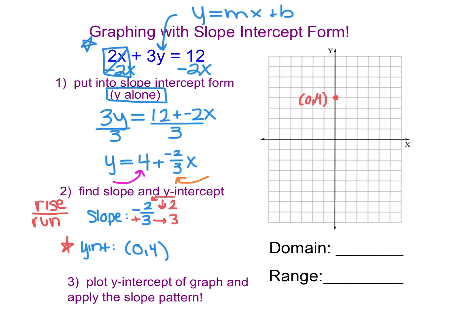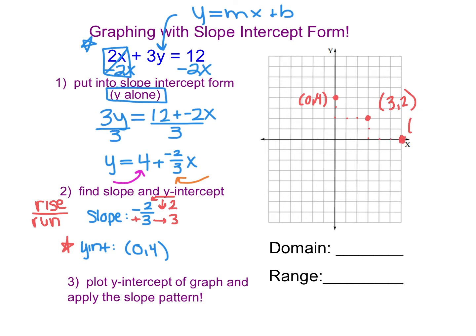So to find an additional point, we're going to go to this 0, 4, and then we're going to follow this pattern. We're going to go down 1, 2, and then to the right 1, 2, 3, and plot our point. So a second point on our line by utilizing our slope is x is 3, y is 2. And then I can take that same pattern and go down 1, 2, to the right 1, 2, 3.